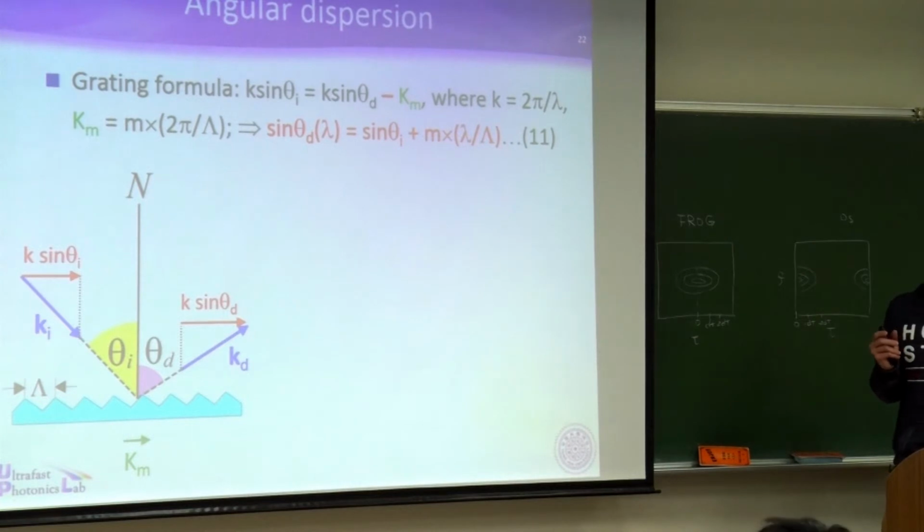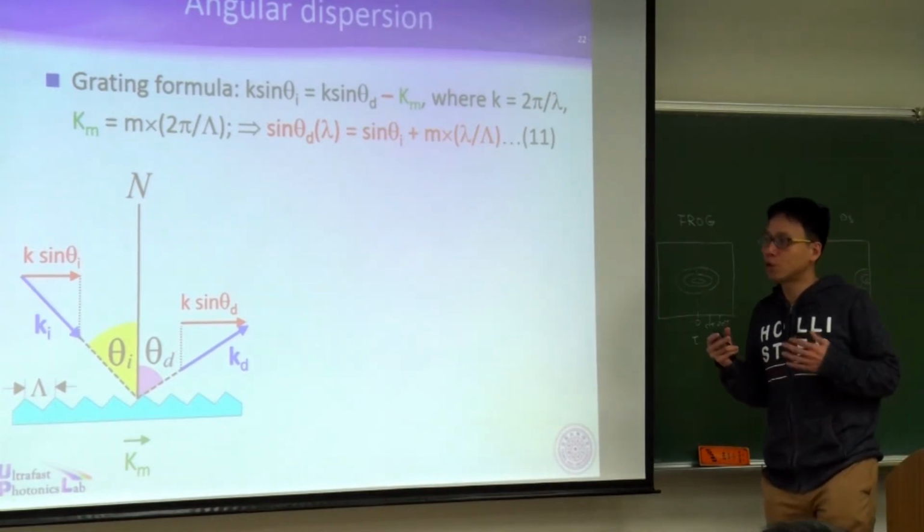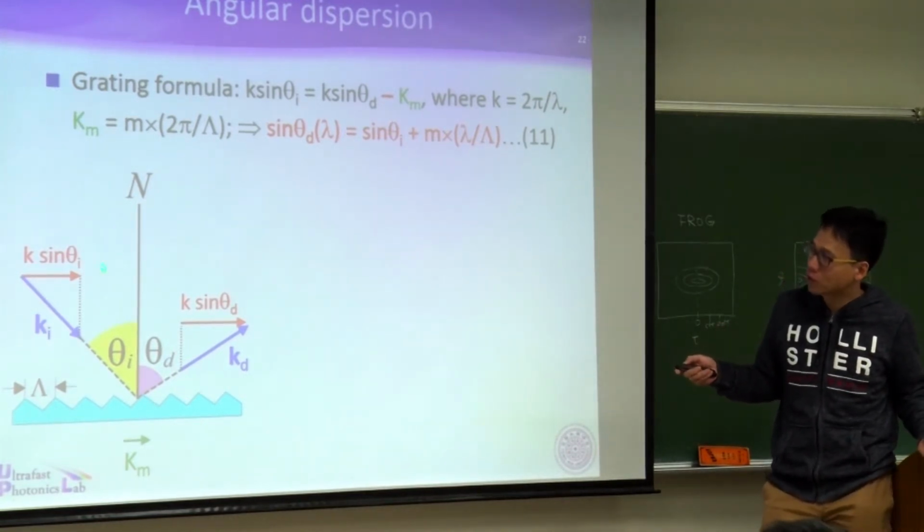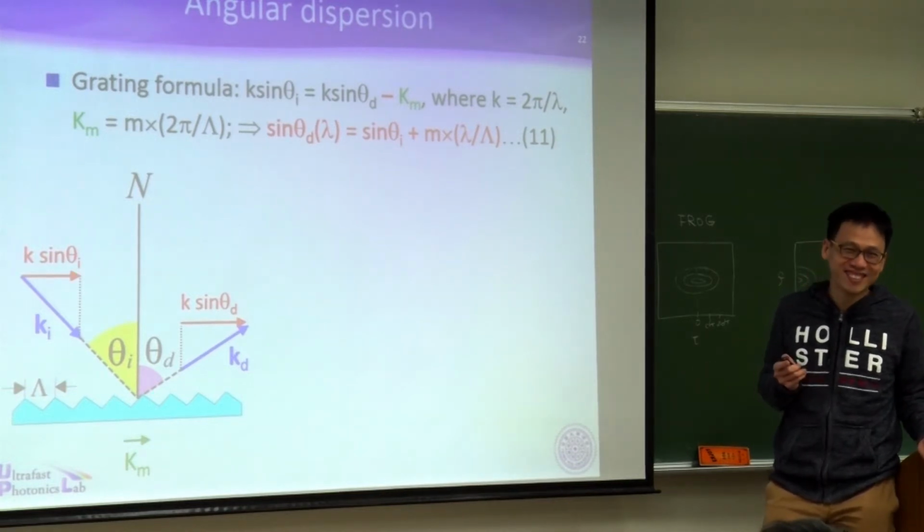The formula is easy, but you might ask yourself why we need to conserve the horizontal projections of the three vectors.